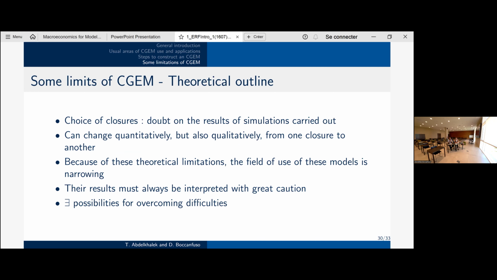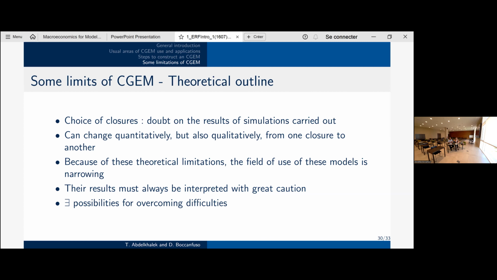Next limit: the choice of a closure. I told you before, when the model is not square, because we have more variables than equations, we can all start with the same model, but each of us selects exogenous variables, and we will finish with different models because we have different exogenous variables.